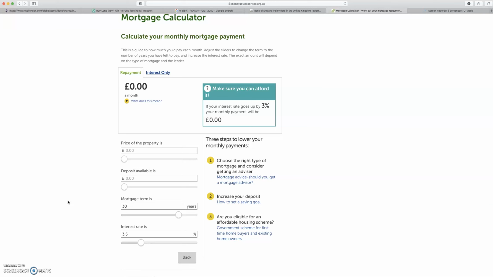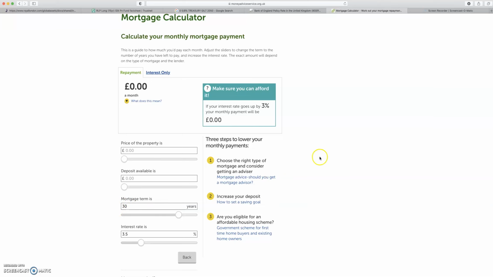That initial period will be a fixed payment that you'll pay monthly for either 2 years or 5 years. After that fixed period, you'll move on to a variable rate, which will follow the Bank of England minimum lending rate. So if it goes up, your variable rate and your monthly repayments will go up in accordance with it for the remainder of the, in this example, 30-year mortgage period.